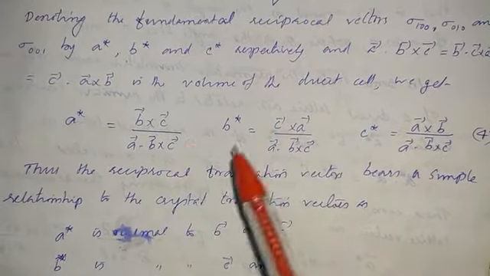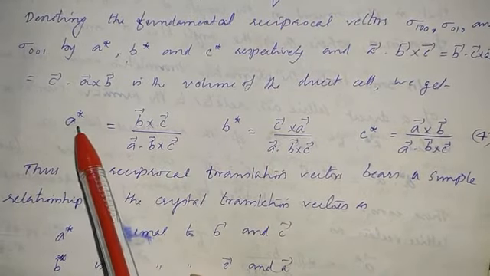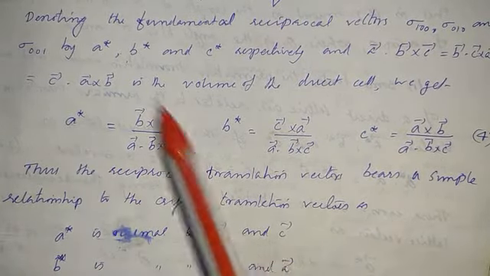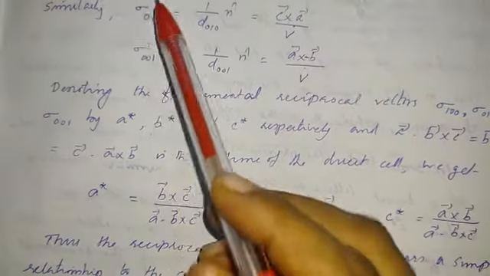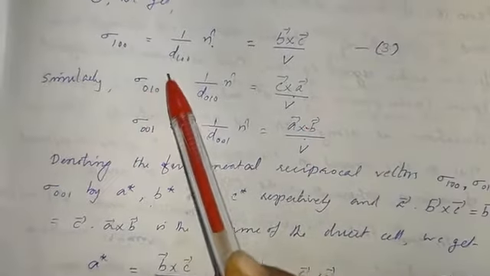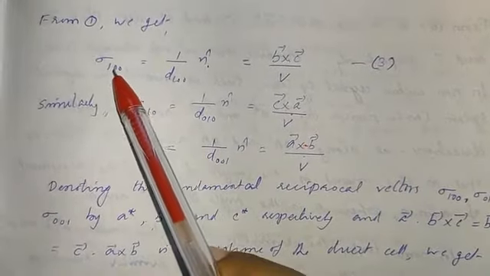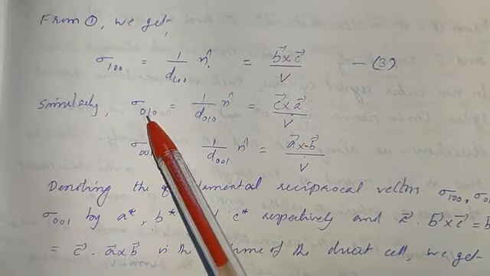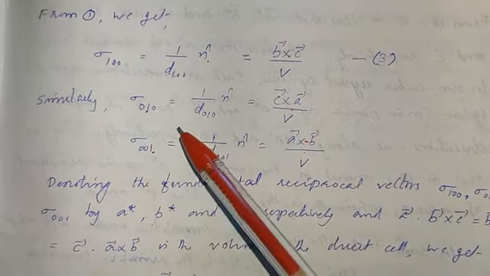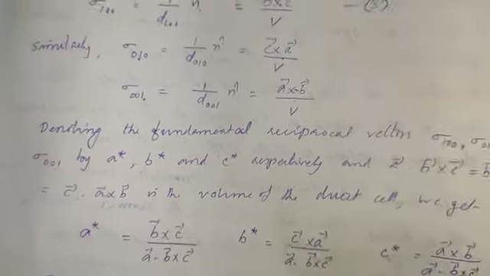So these fundamental unit vectors of this reciprocal unit cell, which are sigma 100, sigma 010 and sigma 001, can be represented as follows.